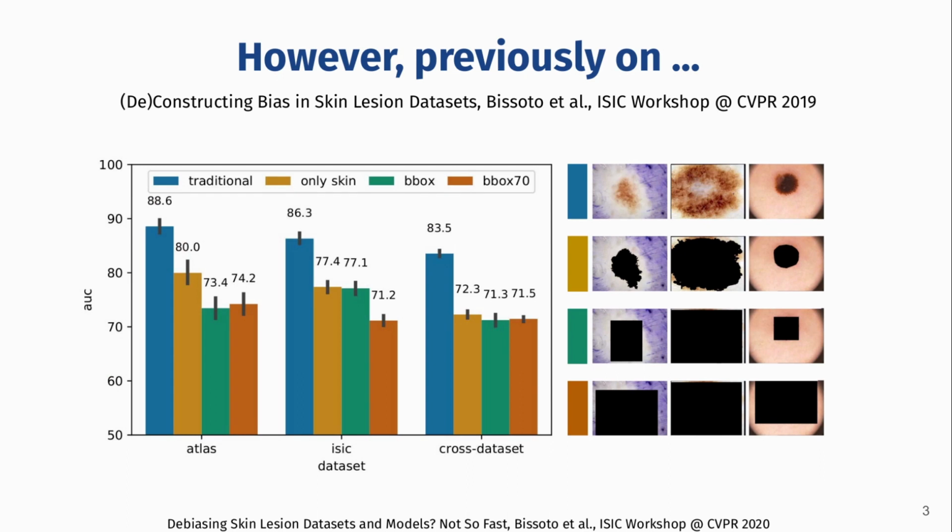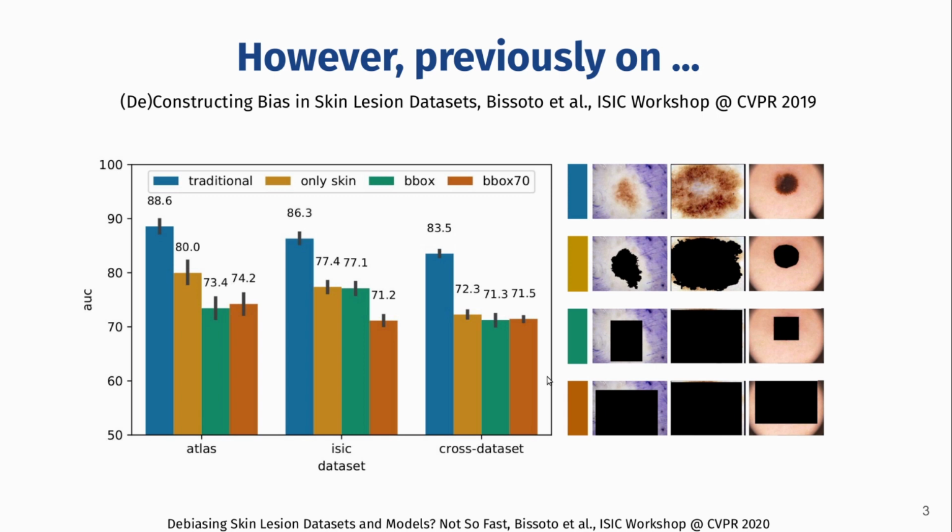We evaluate the network's performance when training and testing with 4 versions of the data: traditional, where the data is unchanged; only skin, where we apply the segmentation mask to the image, removing the lesion out of it; bounding box, where we place a bounding box on top of the lesion, removing the information regarding the border; and finally bounding box 70, where the bounding box placed on top of the lesion occupies at least 70% of the pixels of the image.